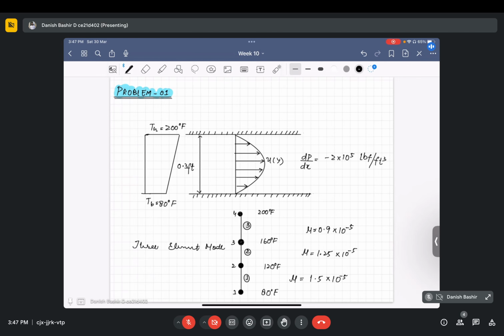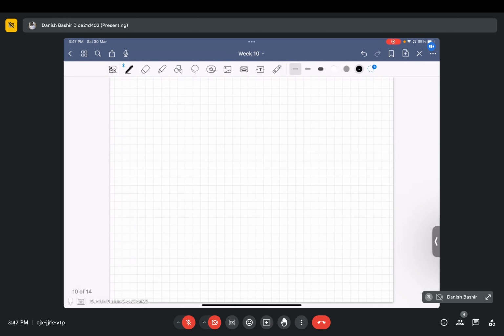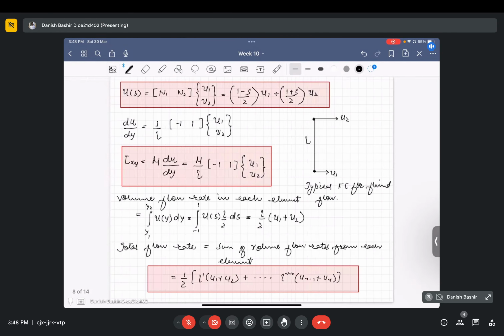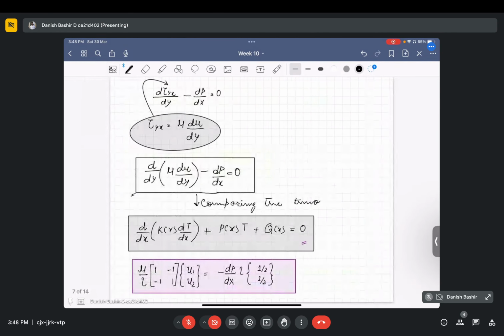So we will directly write the element equations for the three elements, combine those to form a global system of equations, and then solve that by applying the boundary conditions. So if I directly write the element equations for element 1, I'm using this equation: mu by L, 1 minus 1 on U1, U2, dou P by dou X minus 1 by 2, 1 by 2.